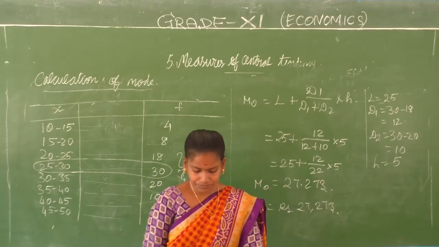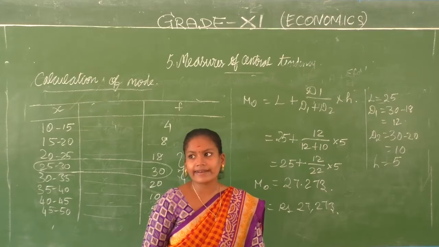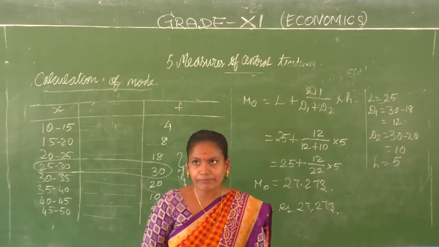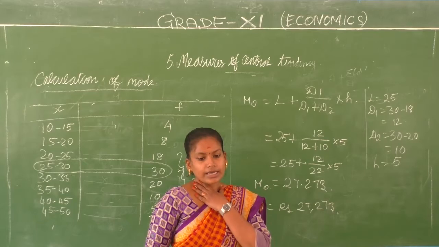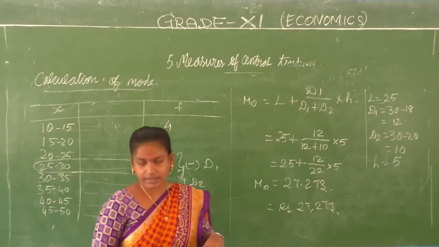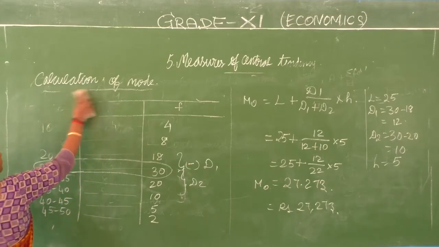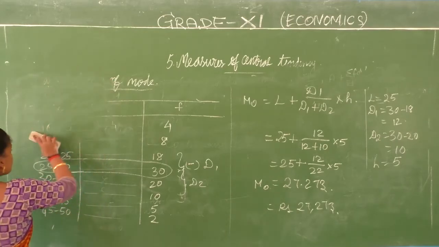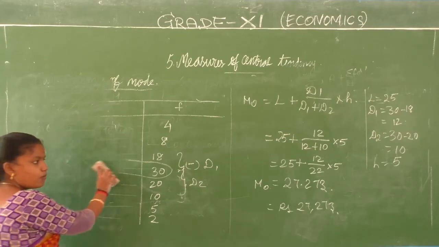Right, children? So, the next topic is the relative position of arithmetic mean, median and mode. What is said actually is that among arithmetic mean, median and mode, the median always stays in between. One side will be mean and one side will be mode.